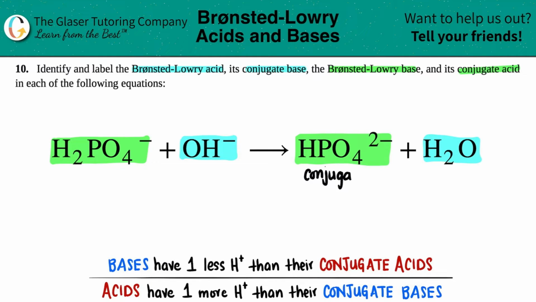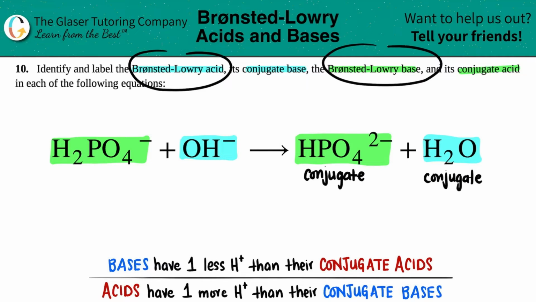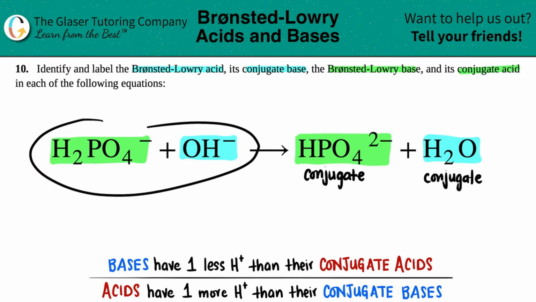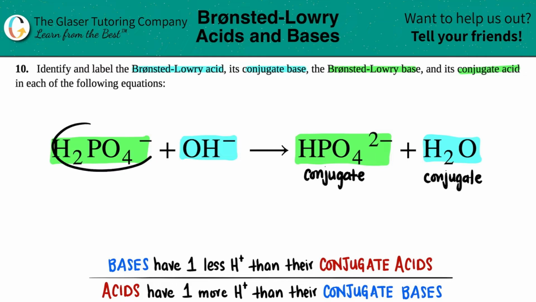I don't know whether it's the acid or the base yet, but I know it's a conjugate. And the same thing here. That also goes for the actual Bronsted-Lowry acid and base. The actual base and acid that's reacting is on the left side. So H2PO4 minus is the Bronsted-Lowry something, so I'll just say BL. And OH minus is the Bronsted-Lowry something.